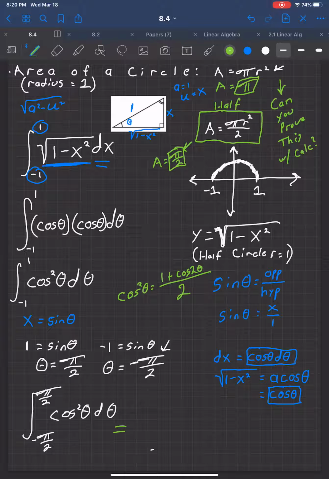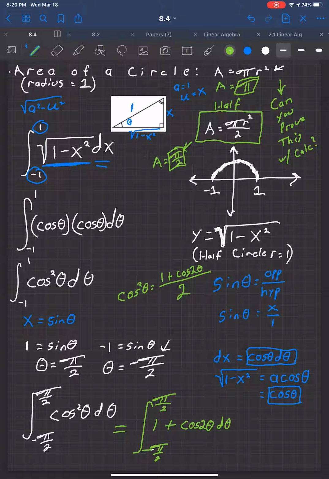So what does that mean for us? That means that I can rewrite this as the integral from -π/2 to π/2, but instead of cosine squared theta, I can rewrite that as 1 plus cosine 2 theta, d theta.